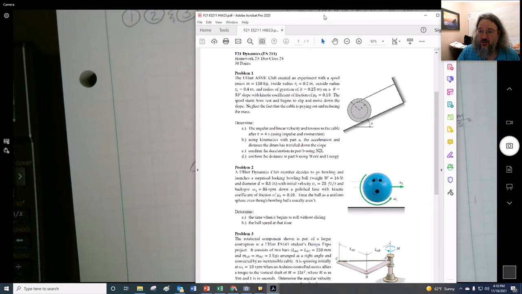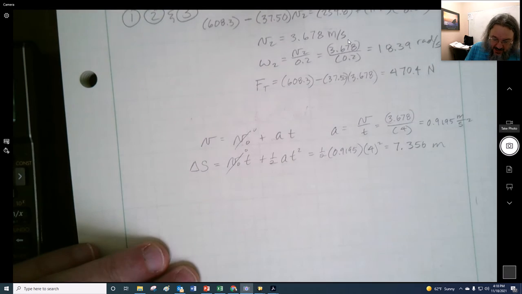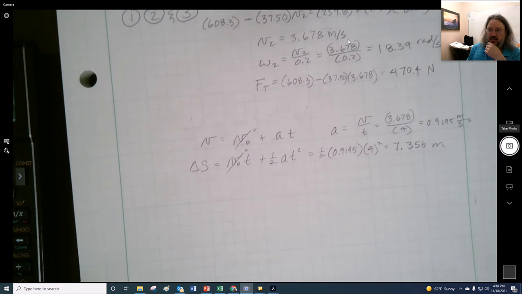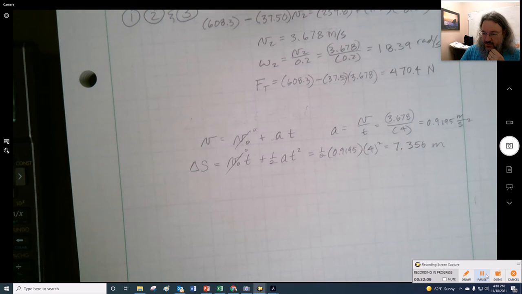So okay, we want to take the tension as part of this. Let me see. I didn't solve this one yet, so let me think about this.